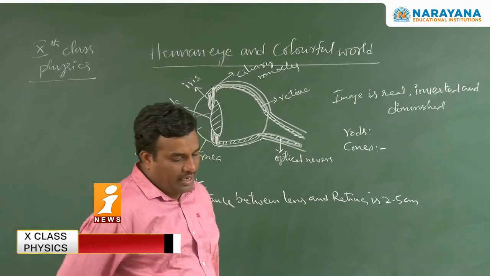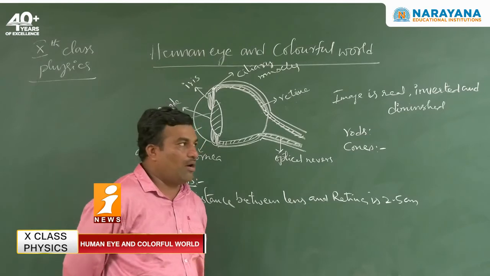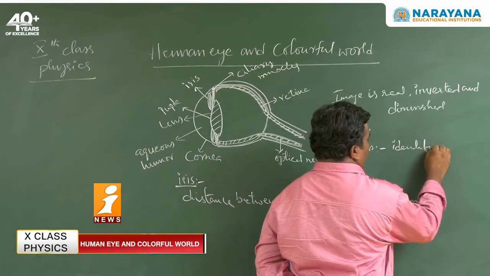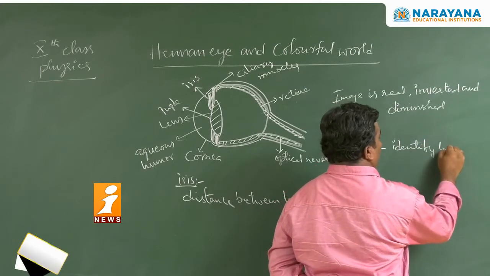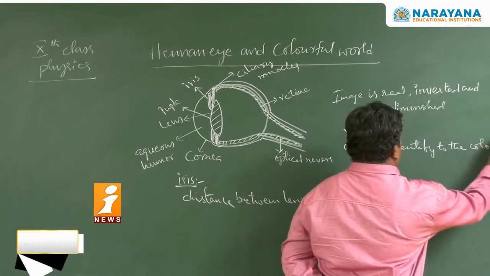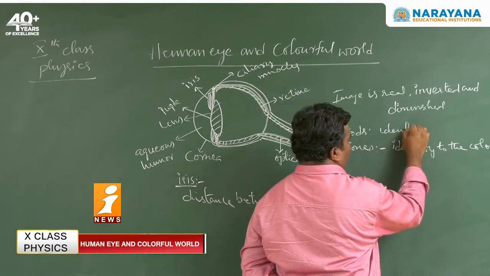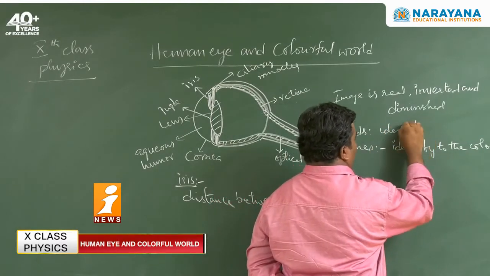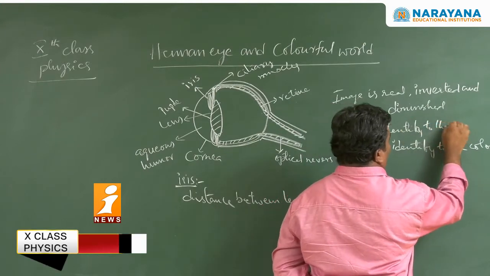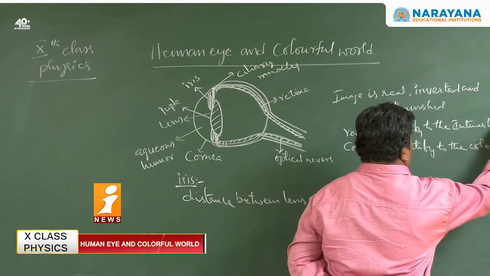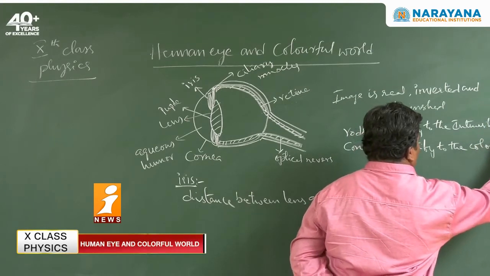Generally, cones identify the color, and rods identify the intensity of light.